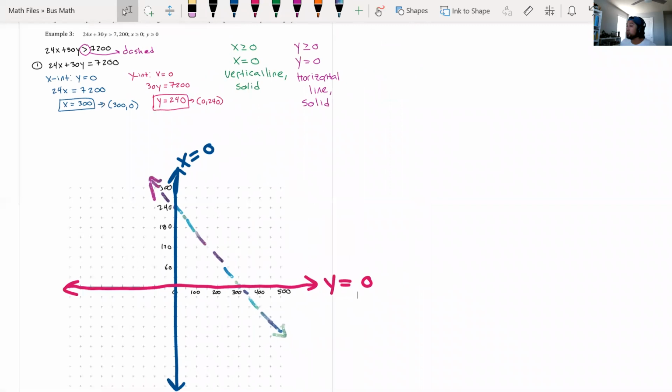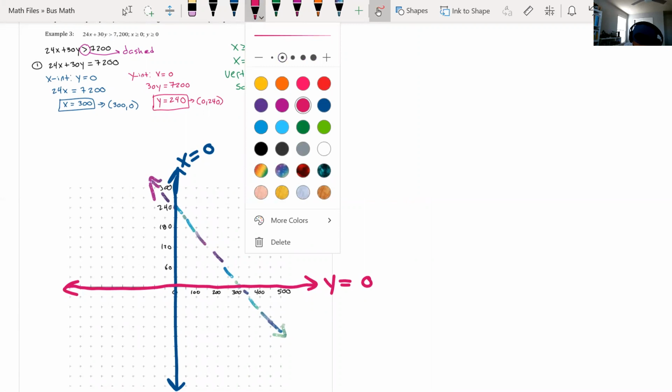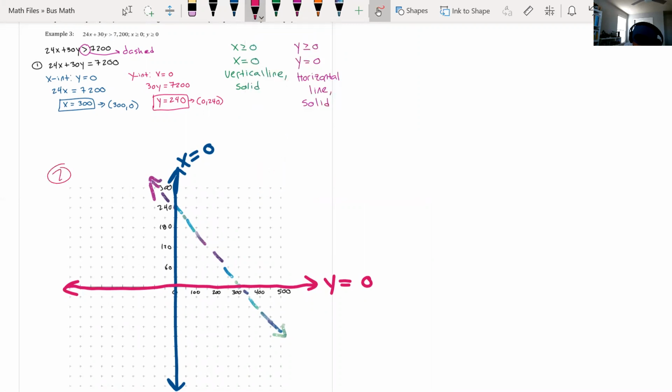That was step 2, graph, right? Okay, and the next thing we're going to do is pick test points. I wouldn't worry too much about the lines x equals 0 and y equals 0.